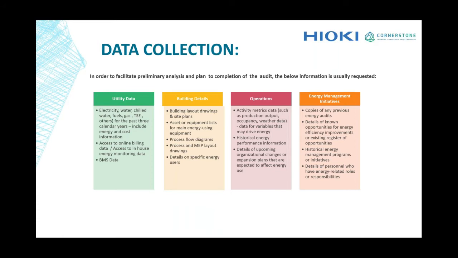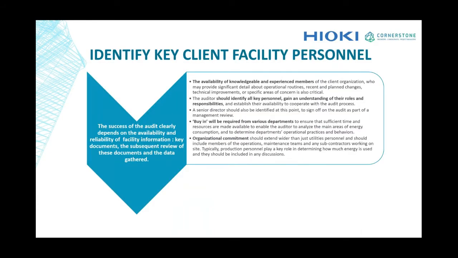Details of any upcoming changes in the building that are expected, because any change in the usage of the building can impact consumption, so all that will be taken into consideration. And finally, any energy management initiative that has already been implemented or is in the process of being implemented, all this data is welcome to actually get this audit plan developed.